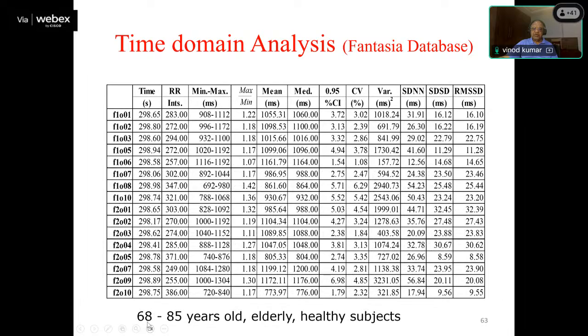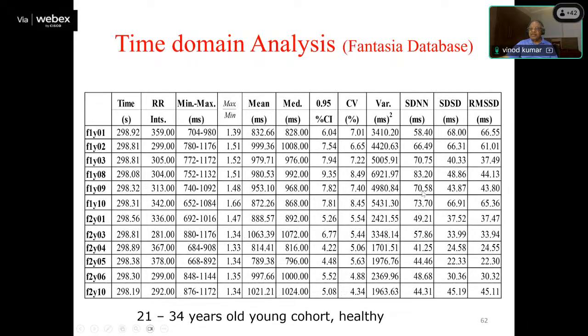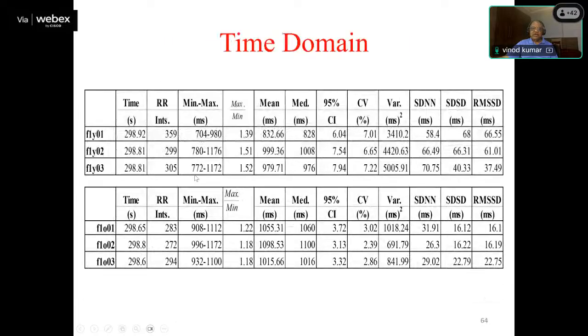So this is for older people, 68 to 85. Here you can see that the standard deviation in this case is 31, in the range of 31 to 54, and the standard deviation in this case is 58. It is 83, much more. So you can compare: for younger people, the variation is large.